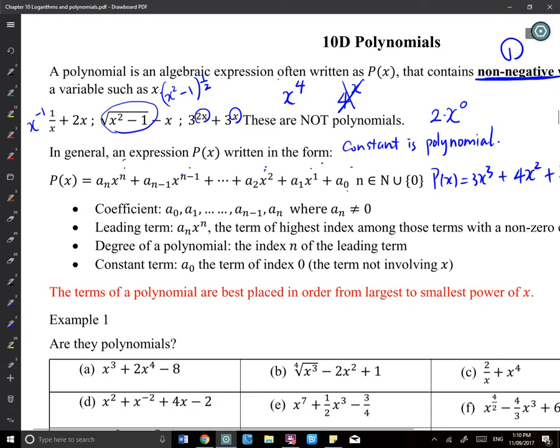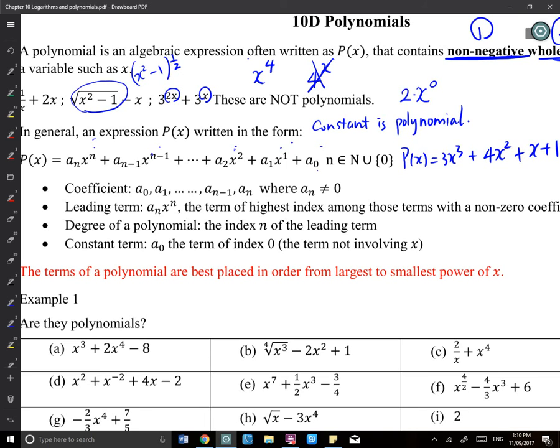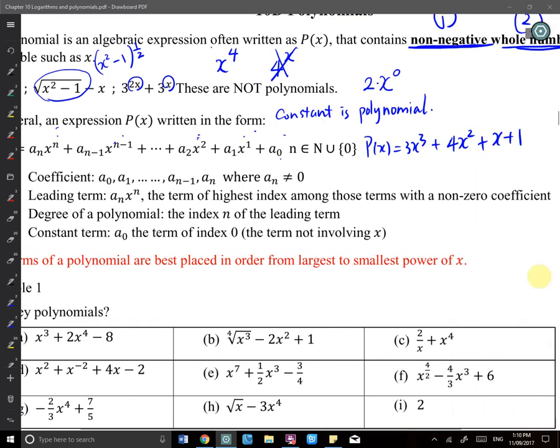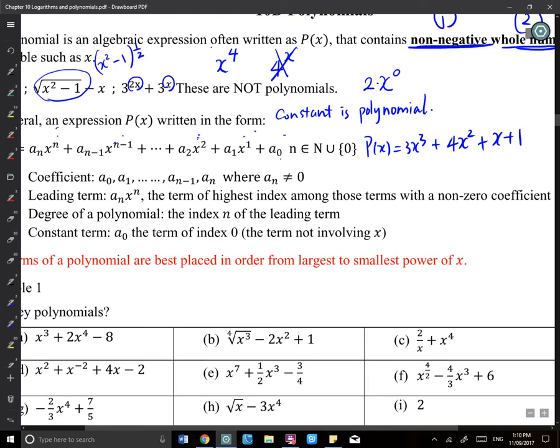So some names. What is a coefficient? Coefficient is the number you multiply in front of the x. For example, in my expression, 3, 4, 1 are called the coefficients, because they are the numbers multiplied in front of x. Leading term. What is a leading term?